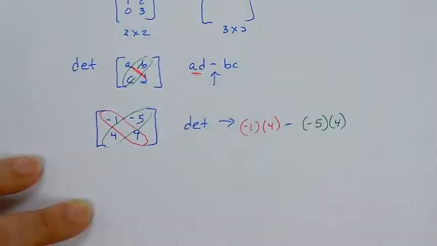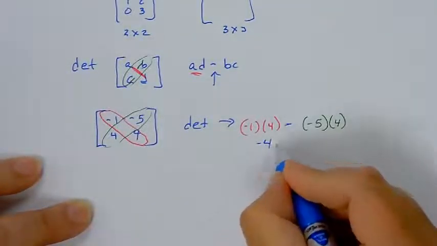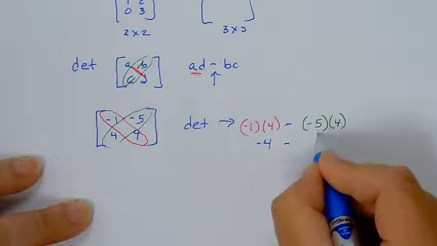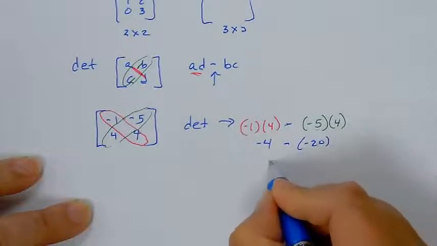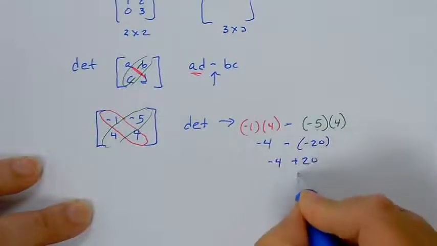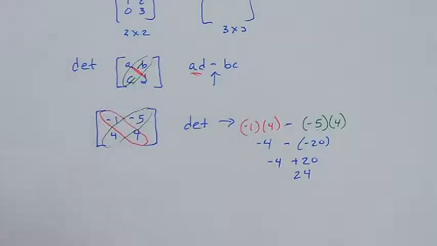In this case, -1 times 4 is -4. Subtract -20, so it'd be -4 plus 20, which is 24. And then we would use that number to find other stuff.